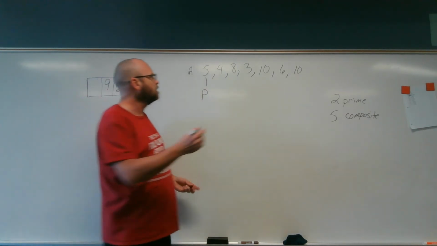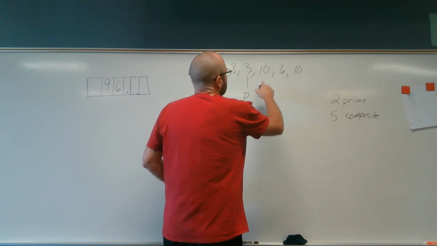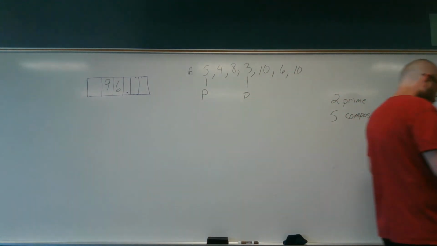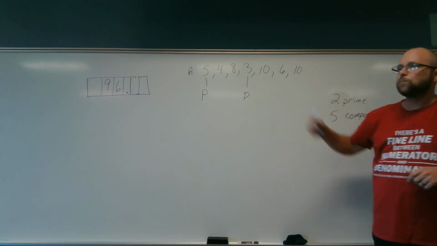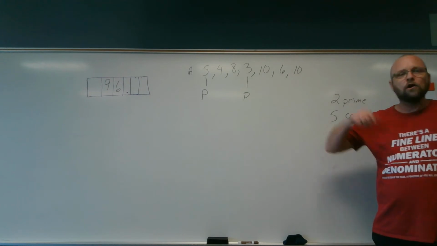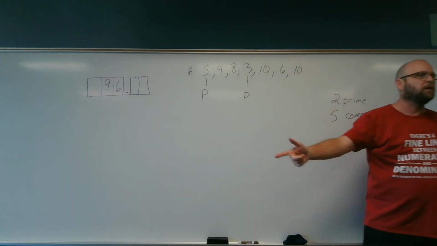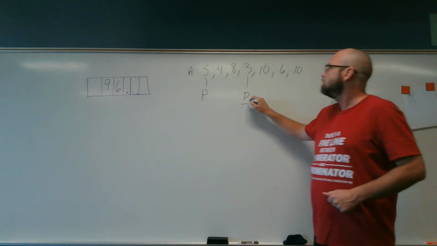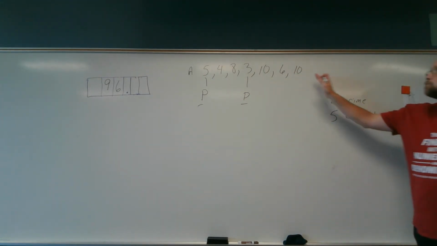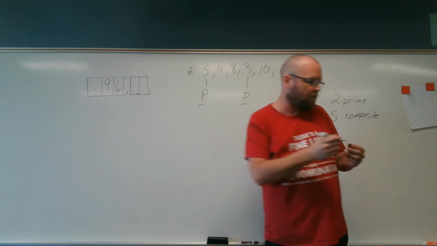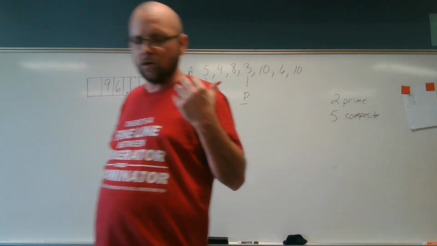No other way to get it. Is 10 prime, Bryce? No, because I can go 1 times 10 or 2 times 5. Is 6 prime, Bryce? No, because I can go 1 times 6 or 2 times 3. So this one has exactly 2 prime numbers, and the rest are composite.